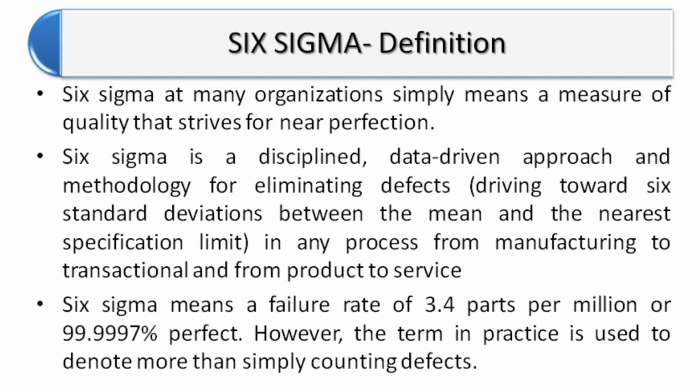Those defects are driven towards the Six Sigma standard, with six standard deviations between the mean and the nearest specification limit, in any process from manufacturing to transactional and from product to services. So Six Sigma means a failure rate of 3.5 parts per million, or 99.9997% perfect. However, the term in practice is used to denote more than simply counting the defects.